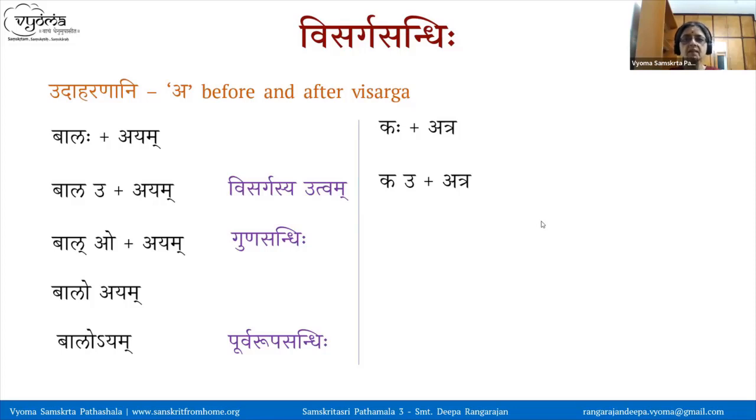So kaha, there is an akara there followed by visarga. So the visarga has become u. Ka u atra. Then the akara in ka with the u becomes o by guna. Ko atra. And that after purva rupa will be kotra.